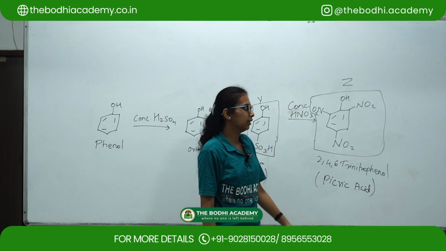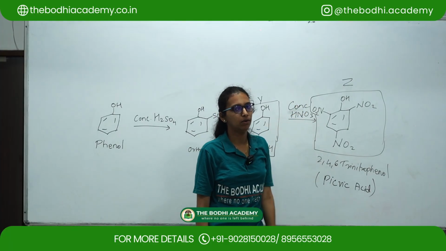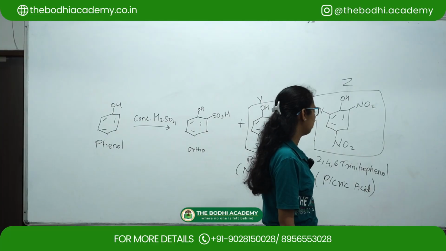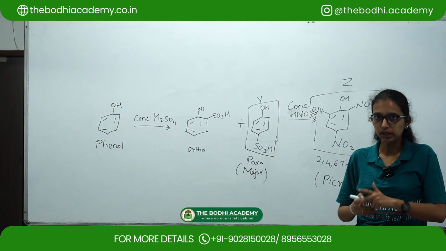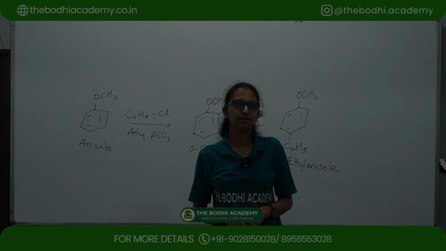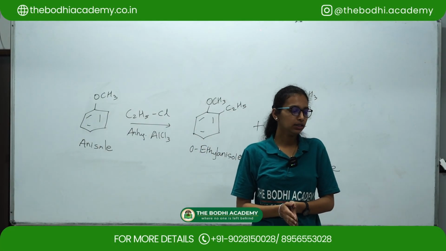It is picric acid. So picric acid is your compound Z, and Y is your para product, para sulfonyl benzene. Okay, that's it. Let's move with the next question.